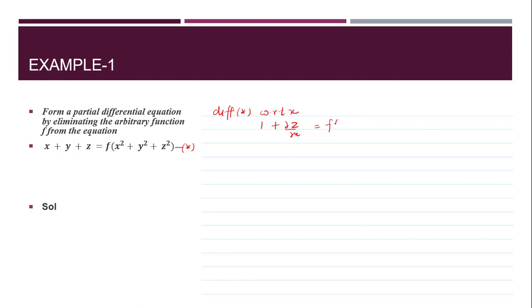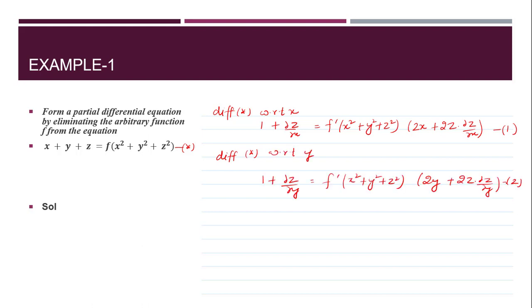It's a derivative of this whole function, and then we are differentiating with respect to x. So x square will give me 2x, z square will give me 2z del z by del x. Let me mark it as first. Now again differentiating star with respect to y, what I will get is the second equation.